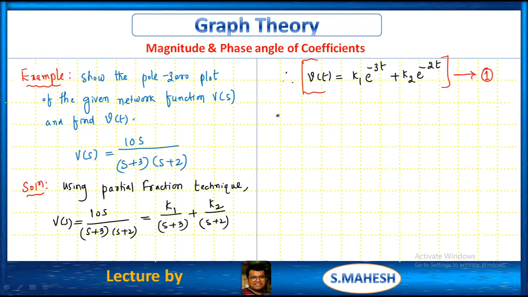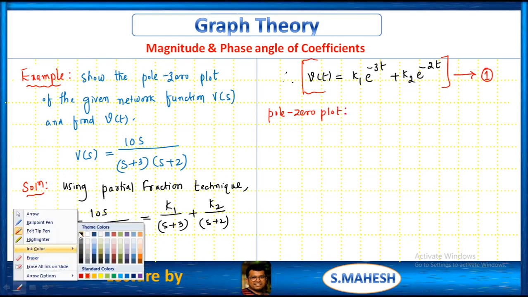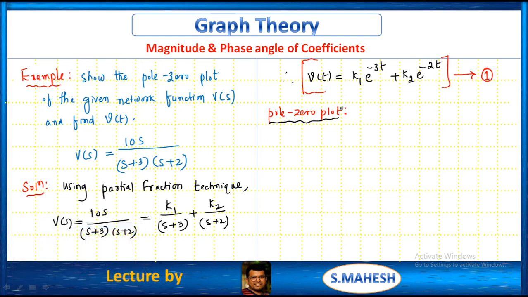First we have to provide the pole zero plot. For this problem, what is the pole zero plot? We all know this is the j omega axis, and this is the real part.